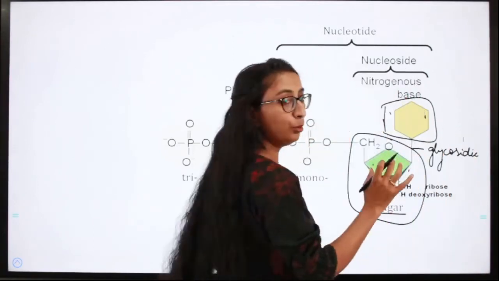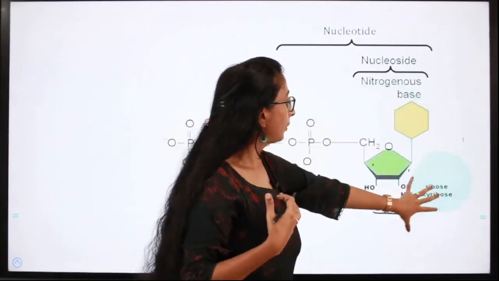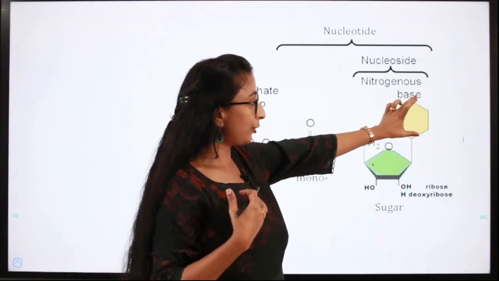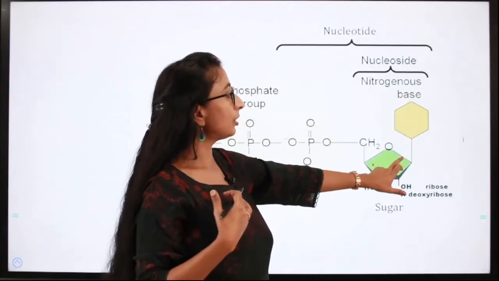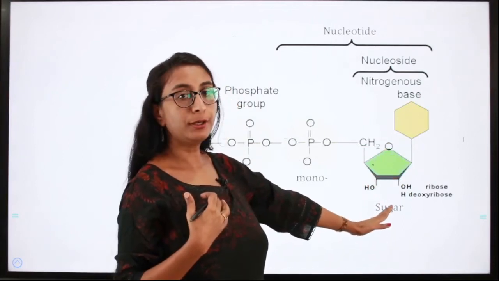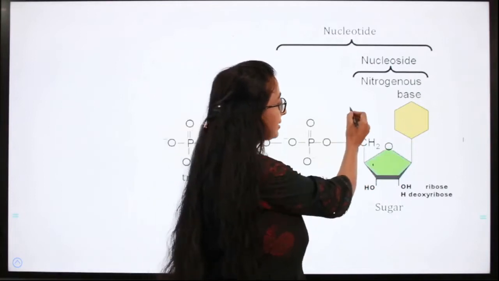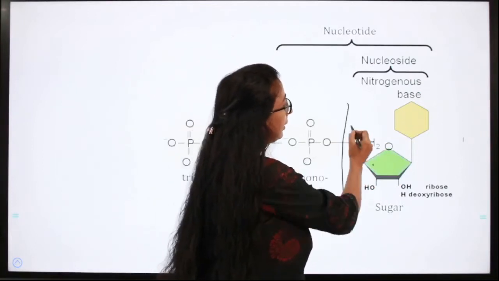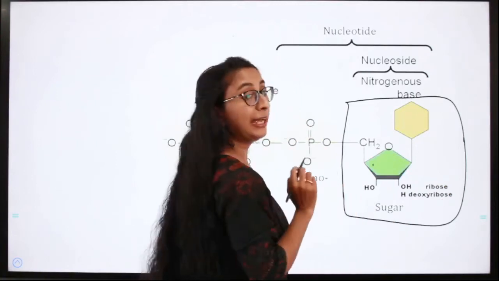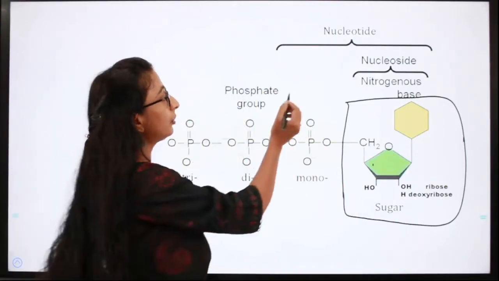Shortly, I'll be telling you what a glycosidic linkage means. So, a nitrogenous base is attached to the carbon 1 atom of the sugar molecule through a glycosidic linkage, and this combination of the nitrogenous base with the ribose sugar is called a nucleoside. Okay.